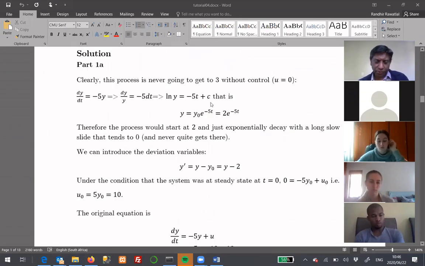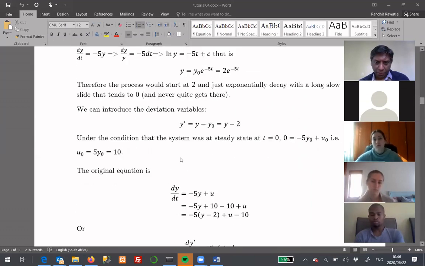So in the solution here, we are saying, yes, without control, that's what's going to happen. And let's do what we did last time. So just for completeness and to make that connection with what we were doing last time, let's introduce the deviation variables. So assuming we were at steady state to begin with, we can set the steady value to 2.